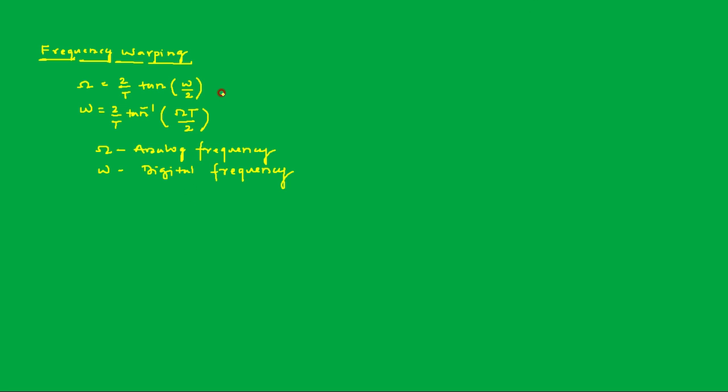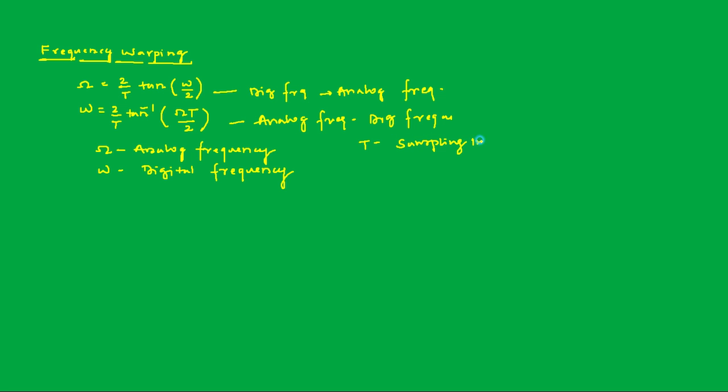Understood? So this first equation is used to convert the digital frequency into analog frequency, and this second equation is used to convert the analog frequency into digital frequency, where T is the sampling interval or sampling period.